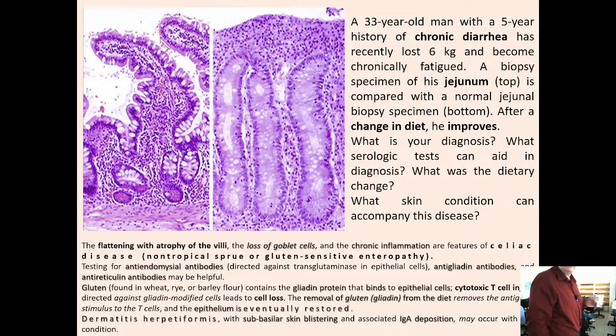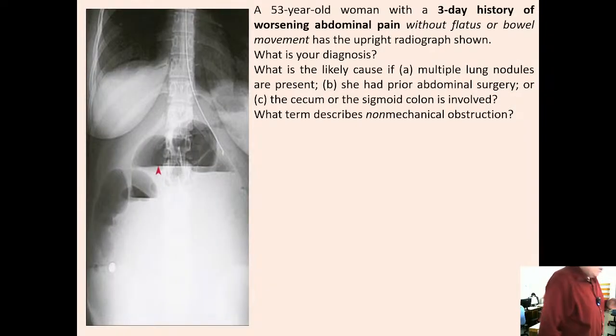It accompanies celiac disease. What do we see in this X-ray? Why are the bowel loops so filled with all this air in them? The patient has a 3-day history of worsening abdominal pain. What is this?